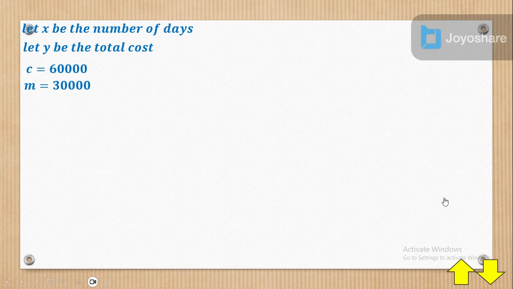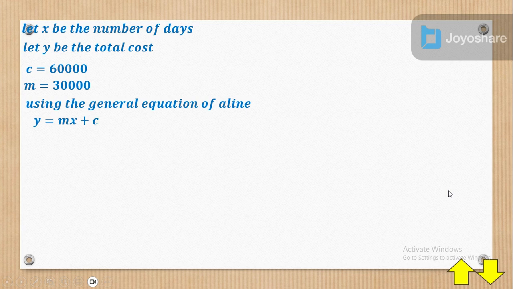Next part. So now using the general equation of a line, y is equal to mx plus c, what do you expect? Let's substitute. Since we have our m and we have our c, let's substitute.